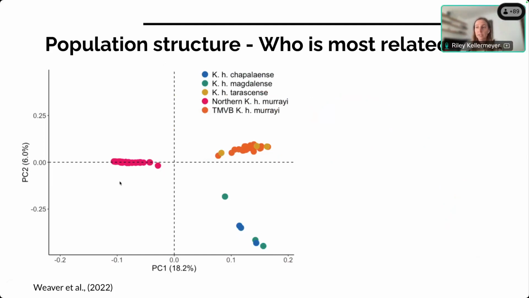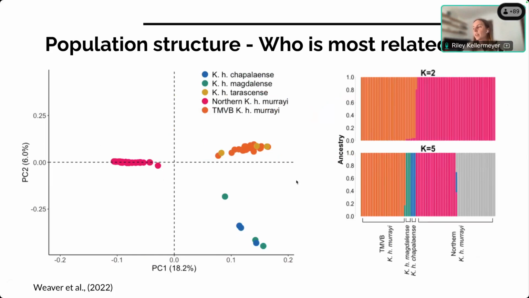You get a cluster of the northern murrayi that are completely separate from those southern Trans-Mexican Volcanic Belt individuals, and quite a bit separate from other subspecies of hirtipes. And we can actually, using some cool modeling, approximate the ancestral origins of these individuals. So on these plots, each line is an individual.